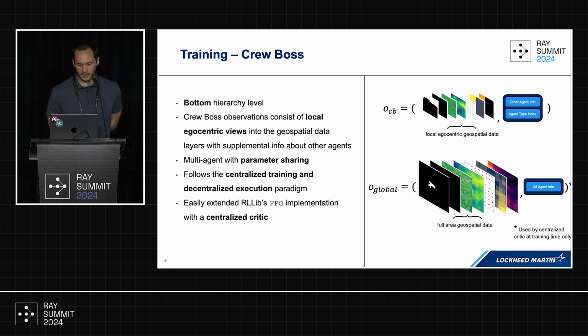We also follow the centralized training, decentralized execution paradigm here. So specifically, during training time only, we use a centralized critic that can see the full state of the world. So all of the geospatial data and also complete information about each agent, and we find that to be really helpful with the training.